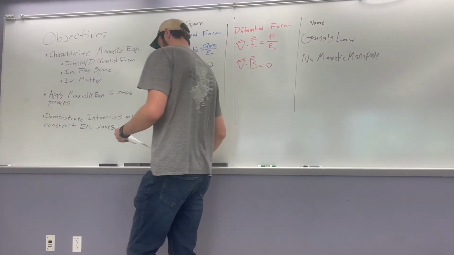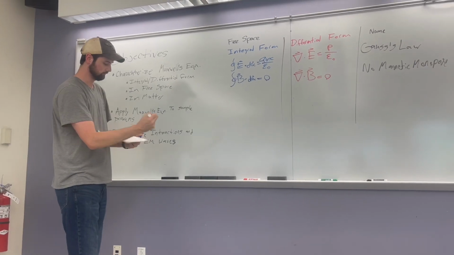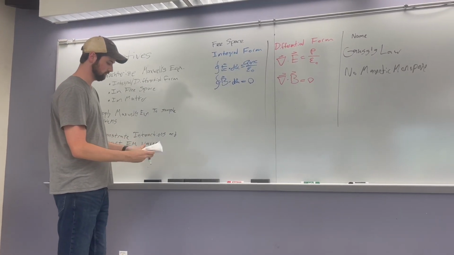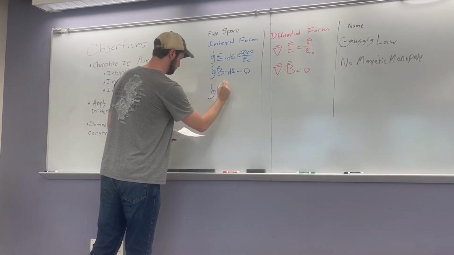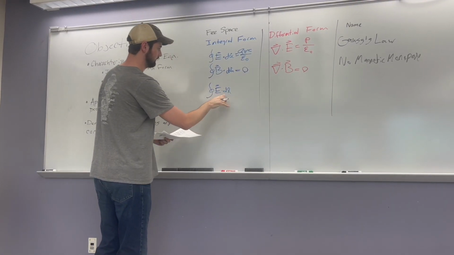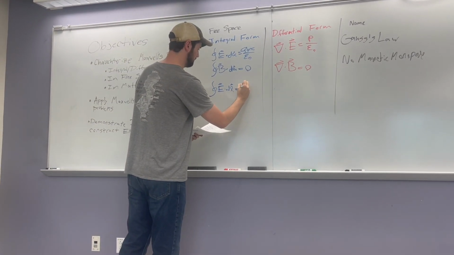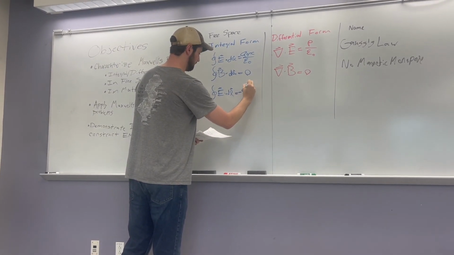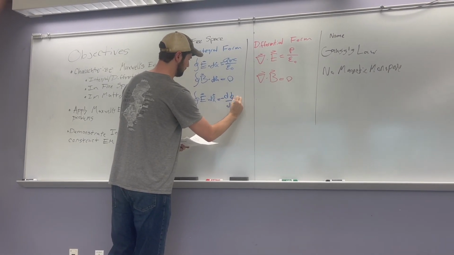Next we have Faraday's law. Faraday's law reads as follows in integral form. The closed integral of E dotted with the differential of length is equal to the negative of the derivative of flux with respect to time.